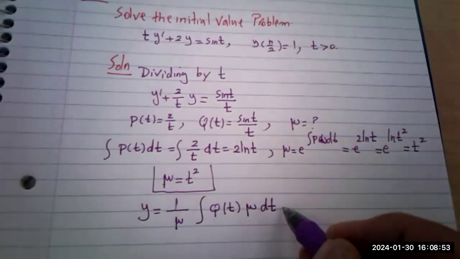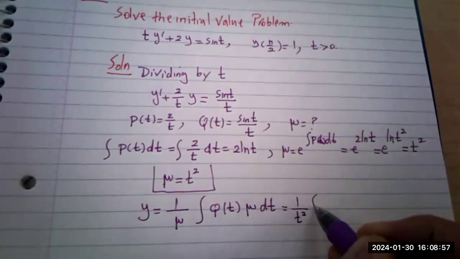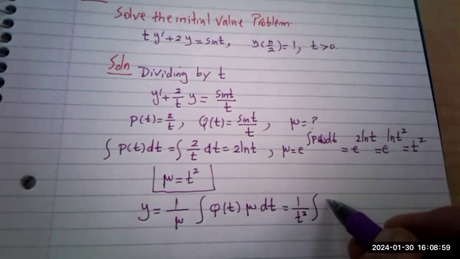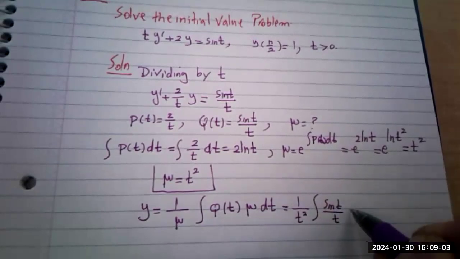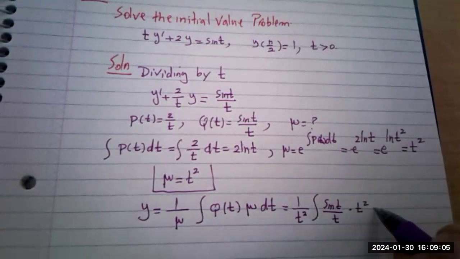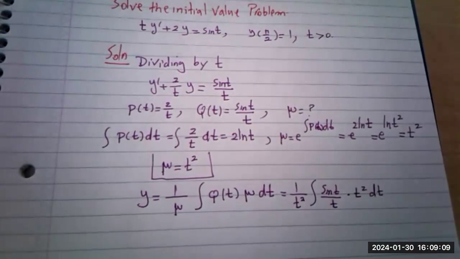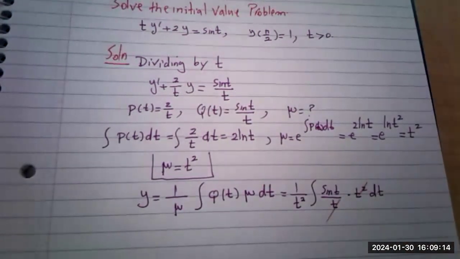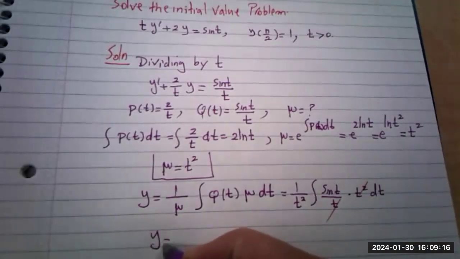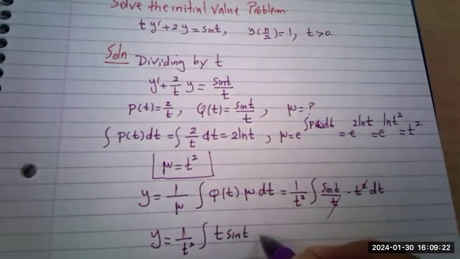So if you substitute, that's going to be 1 over t squared times the integral of q of t, which is sine t over t, multiplied by t squared dt. One of the t's would cancel out. So you have y is equal to 1 over t squared times the integral of t sine t dt.